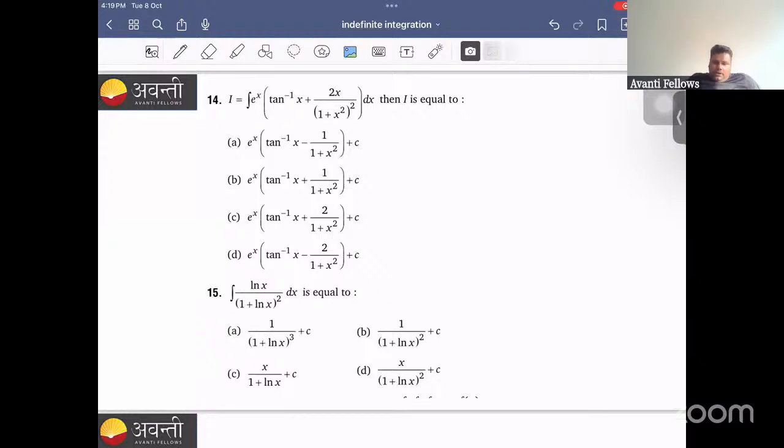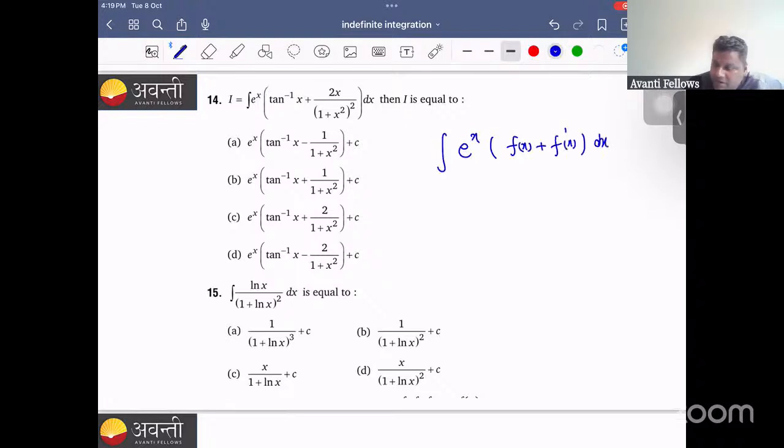Just a minute. See, if you remember, we have done a concept: integration of e to the power x times (f(x) + f'(x)) dx. Its answer is e to the power x f(x) plus constant. I hope many of you remember this.